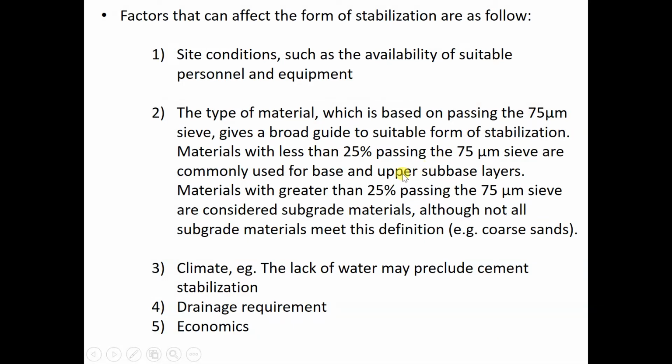So what does that mean? The materials classified under these two criteria are slightly different. The materials with less than 25% passing the 75 micrometer sieve are commonly used for base and upper sub-base layers.